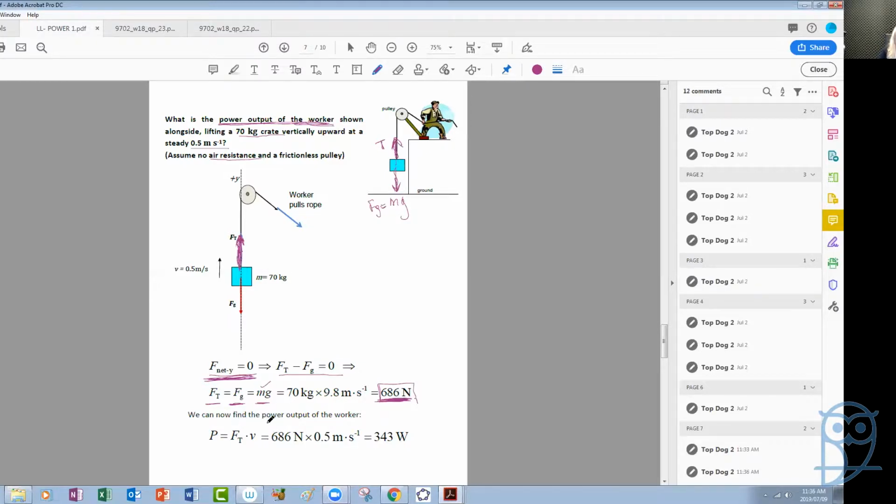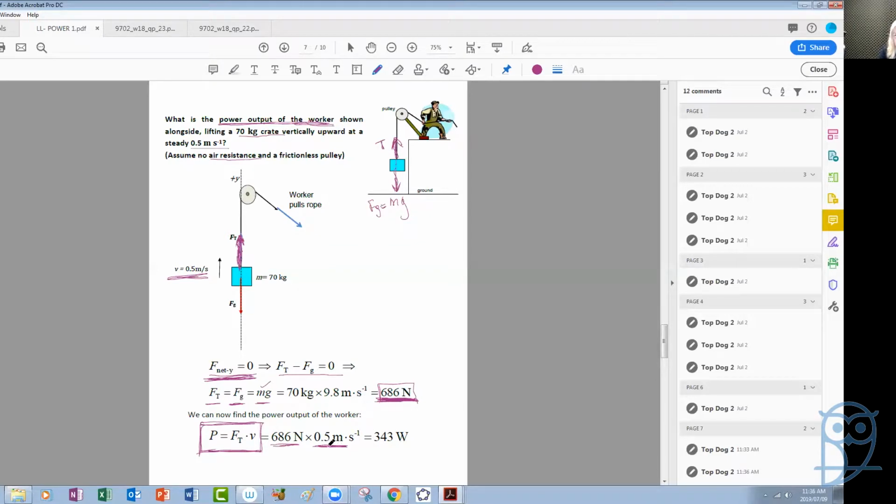Now we can find the power output of the worker because we know the force that this guy exerts. And the power, remember, the power output is the force that this agent exerts times the speed of the object that moves. So this force of tension is 686 newtons times the speed of the crate, which is given, 0.5 meters per second.